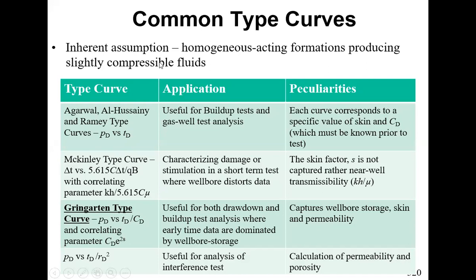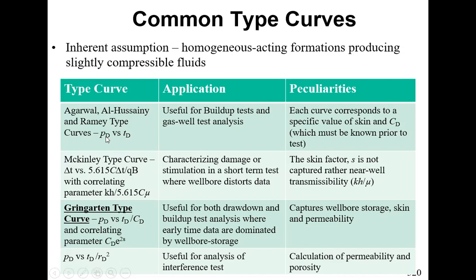The inherent assumption is that the formation is homogeneous, of course, and that it is a homogeneous acting formation producing slightly compressible fluids. Of course, we know that our reservoirs are not homogeneous, but we can make these assumptions under certain conditions.